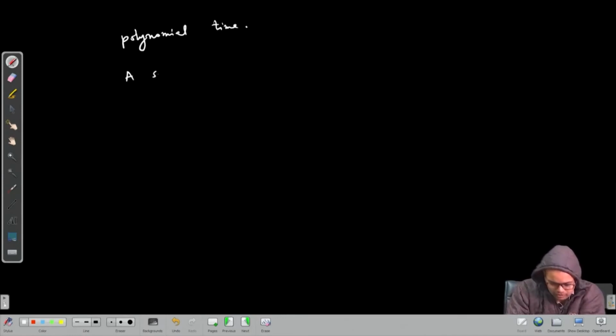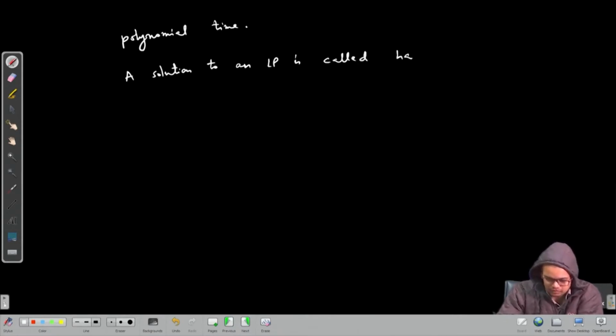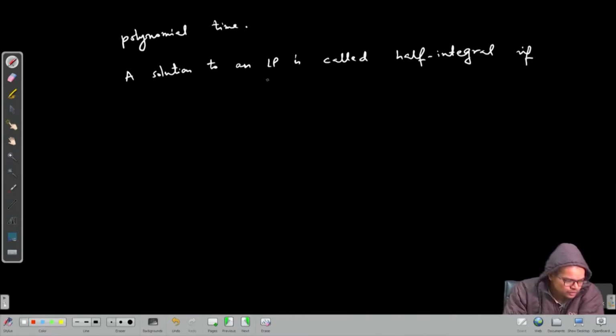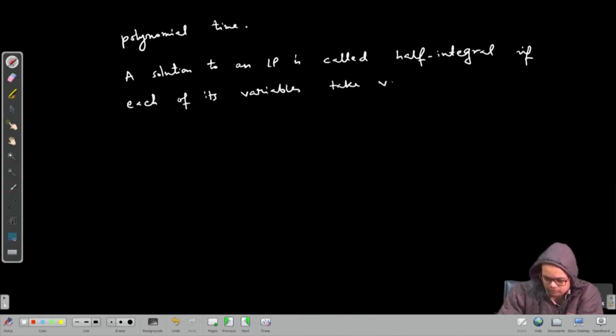A solution to an LP is called half integral if each of its variables takes value in {0, 1/2, 1}.